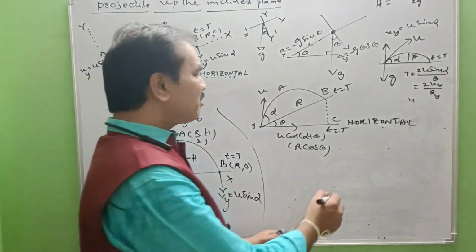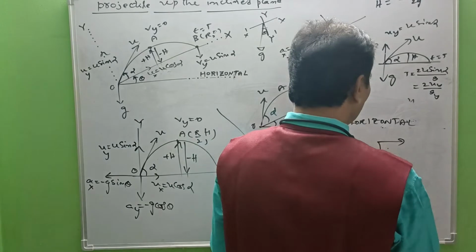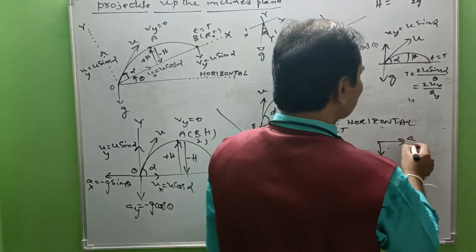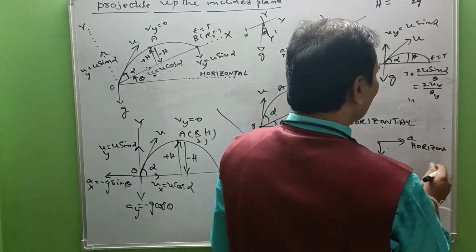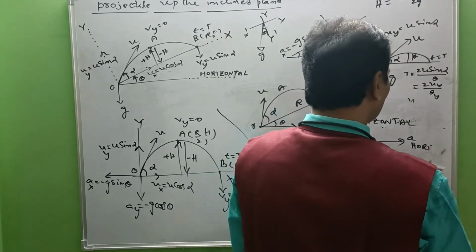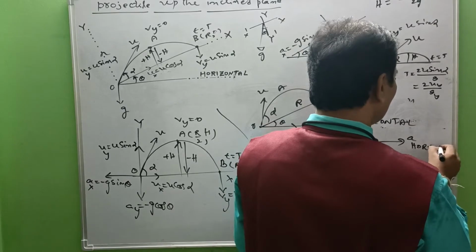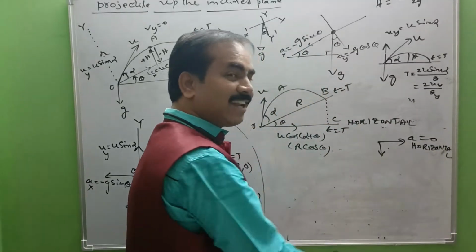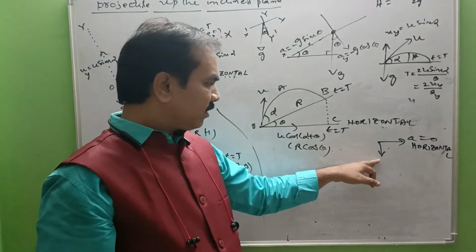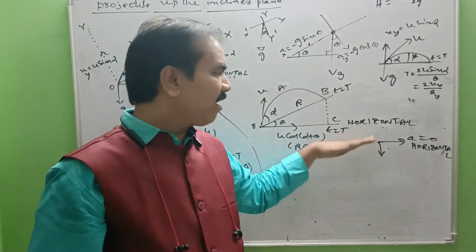Right? Along horizontal, is there any acceleration? No. So acceleration along horizontal is 0, because gravity is acting vertically downwards, so there is no component of gravity along horizontal.